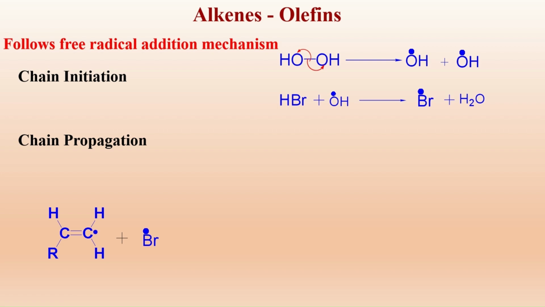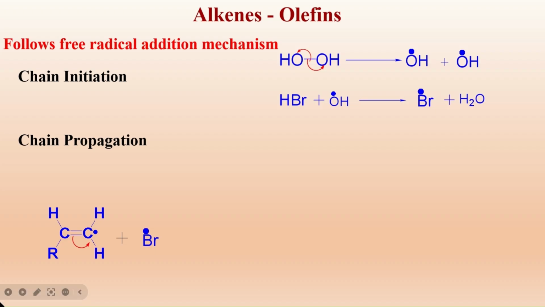This bromine radical is unstable and electron deficient, so of the pi electrons, one electron moves towards one carbon and the other electron moves towards the other carbon across the carbon-carbon double bond.